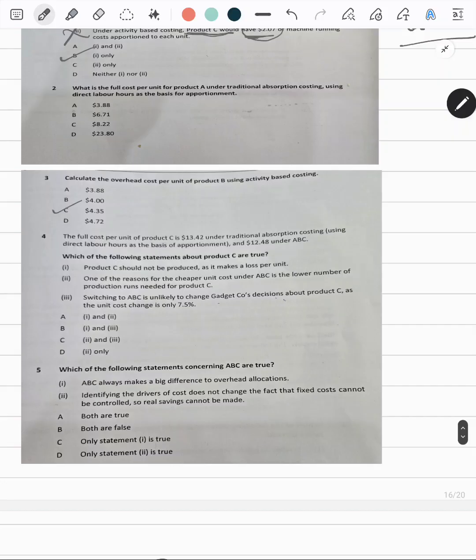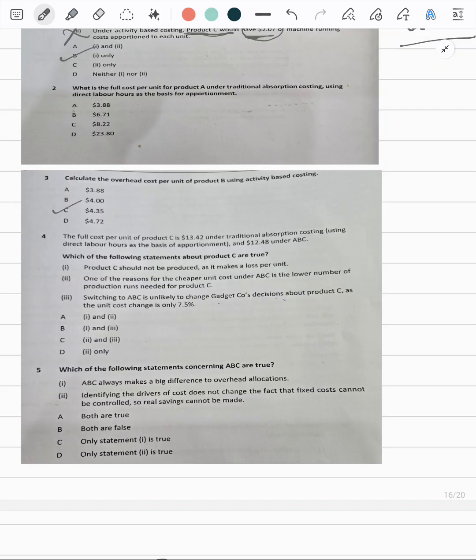Now let's jump on to these multiple choice questions. The very first question is saying the full cost per unit of product C is 13.42 under traditional absorption costing using labor hours as the basis, and 12.48 under ABC.